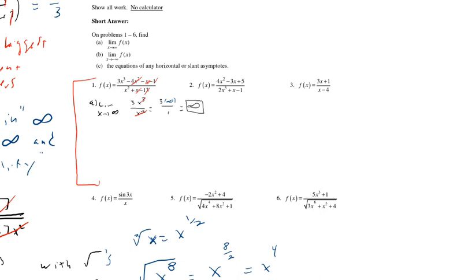What about the limit as x approaches negative infinity? Same thing, I have 3x cubed over x squared. If the limit as x approaches negative infinity, just think negative infinity.